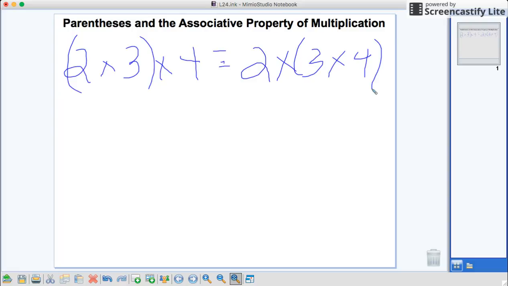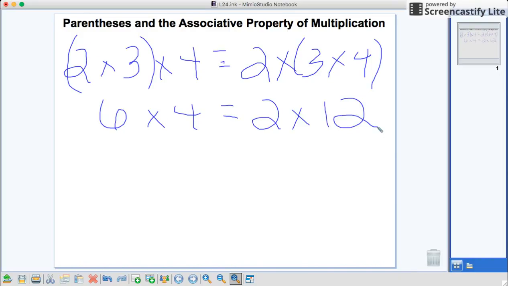Okay, so 2 times 3 equals 6 times 4. And over here we have 3 times 4 equals 12. 6 times 4 is 24. 2 times 12 is also 24. So it works both with addition and multiplication. Unfortunately, it does not work with division or subtraction.